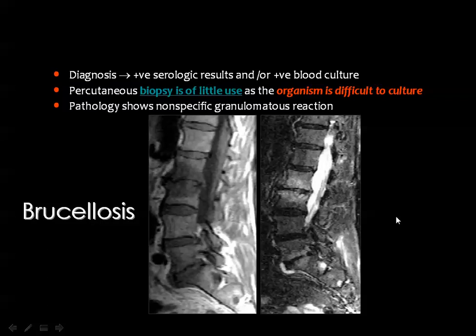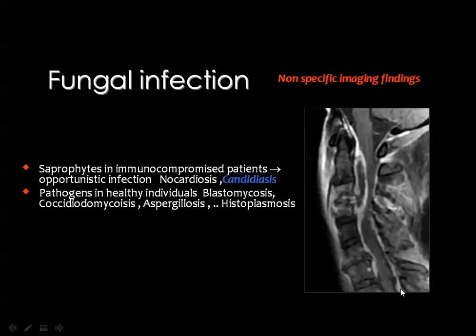Then you may diagnose this as spondylodiscitis of whatever etiology, and you may think of pyogenic or tuberculous spondylodiscitis, but the absence of significant destructive changes in the vertebral end plates may raise suspicion of the possibility of brucellosis.